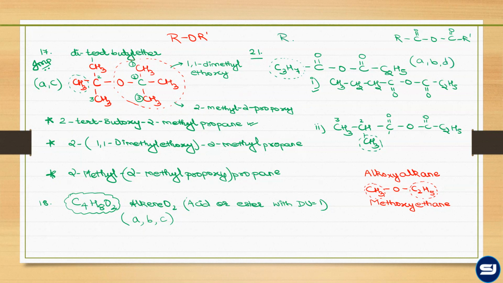Like in ethers, if R O R dash has R and R dash different, it is called a mixed ether. In ketones, if R CO R dash has R and R dash different, it's a mixed ketone. Similarly in anhydrides, if you have R and R dash different, then it's a mixed anhydride. And if same, then it's a simple anhydride. Simple means the two groups are same, and mixed means the two groups are different. So A, B, D will be correct. Clear? Yes, sir.